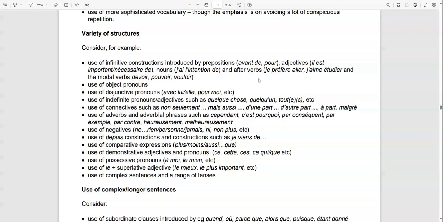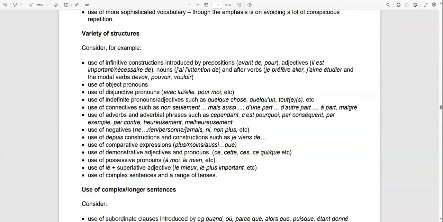And also after verbs that specifically take the infinitive, such as the opinion phrases je préfère aller, I prefer to go, j'aime étudier, I like to study, and the modal verbs like devoir, to have to. For example, je dois étudier, I must study.